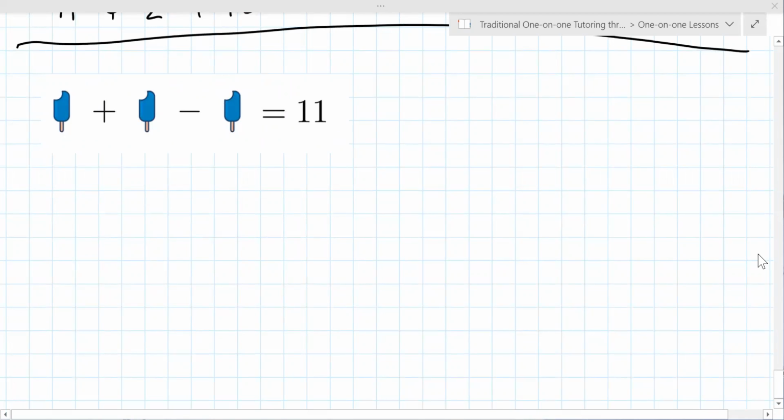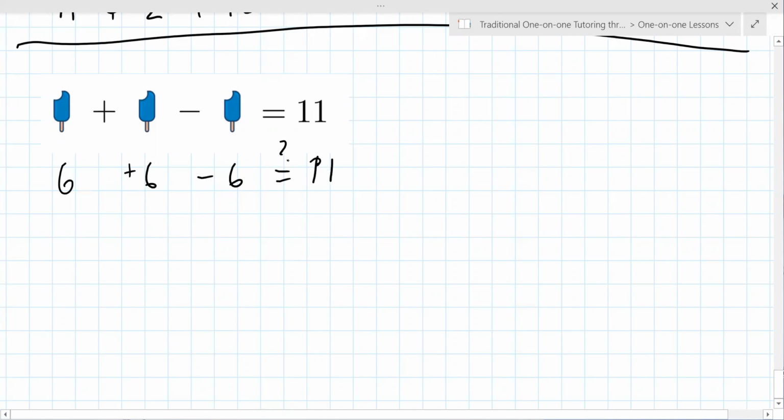Take a look at this and see if you can tell me the value that is represented by the ice cream. Six plus 6 minus 1. They've got to be the same number. So like 6 plus 6 minus 6, does that equal 11?